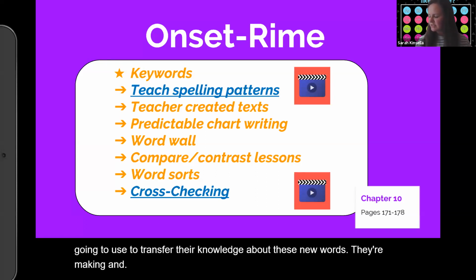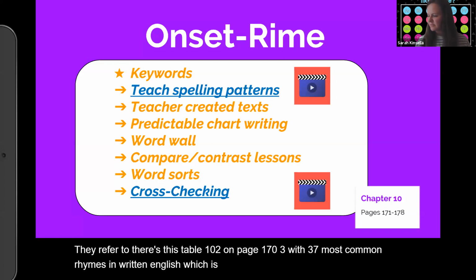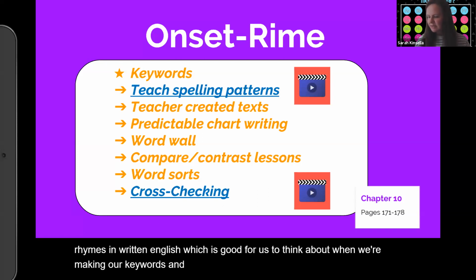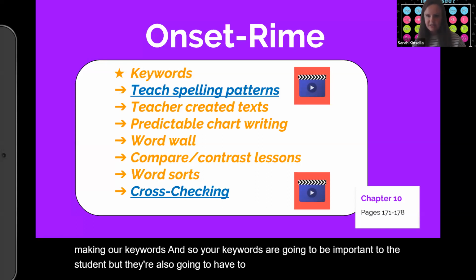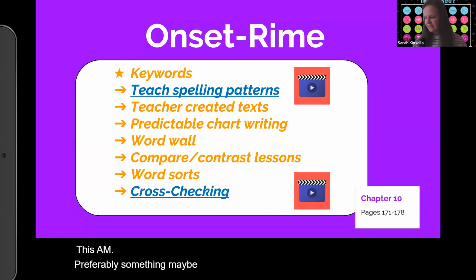They refer to table 10.2 on page 173 with 37 most common rhymes in written English, which is good for us to think about when we're making our keywords. Your keywords are going to be important to the student, but preferably something from this table that you can tie to your lesson for making new words.